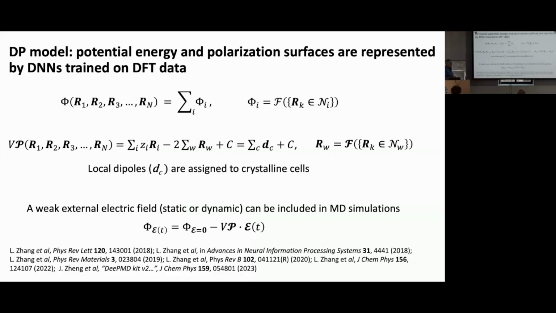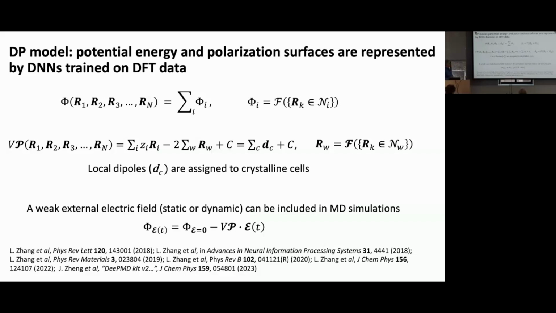V is the volume of the sample, and using a maximally localized Wannier function decomposition of the Kohn-Sham orbitals in DFT, this can be written as a sum of dipolar contributions coming from the ions or the nuclei, but here we typically use pseudo-potentials, so we have frozen core electrons and pseudo-ions, and a contribution coming from the Wannier functions.